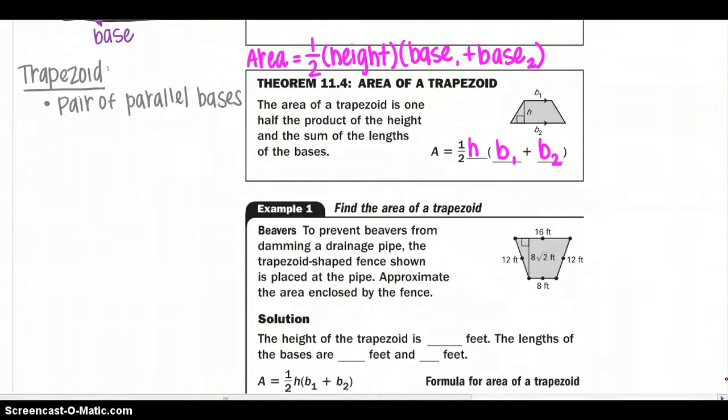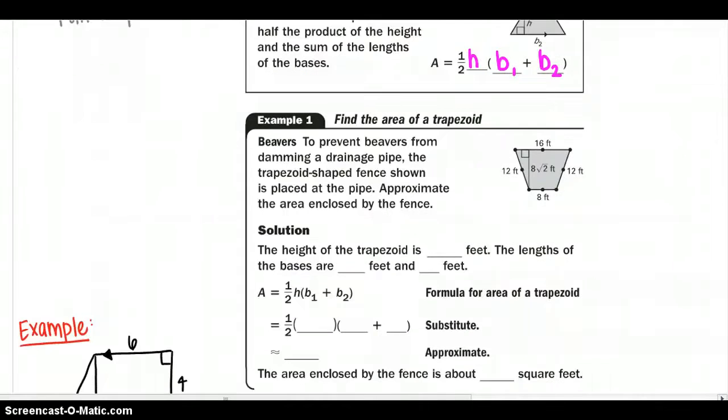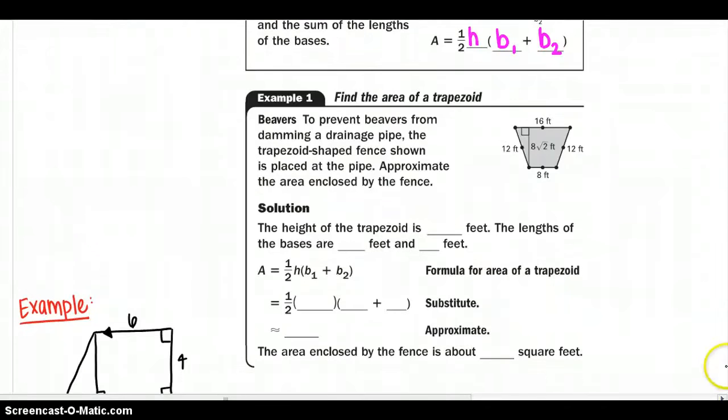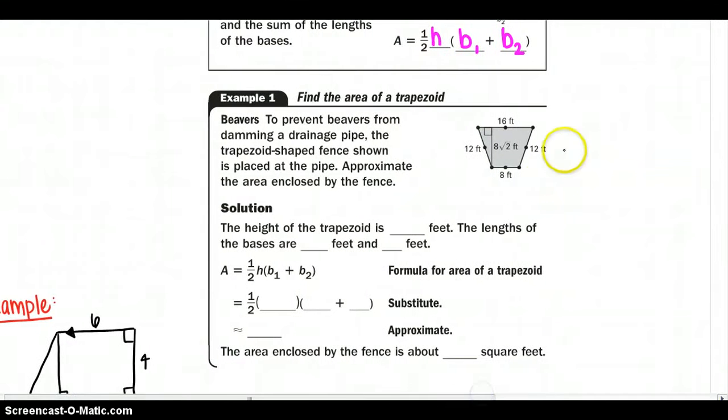So let's go down to our first example. So for beavers, to prevent them from damming a drainage pipe, the trapezoid-shaped fence shown is placed at the pipe. Approximate the area of the enclosed fence. So remember, if we have a trapezoid, let's rewrite the equation that we're going to use. So 1/2 height times b1 plus b2.